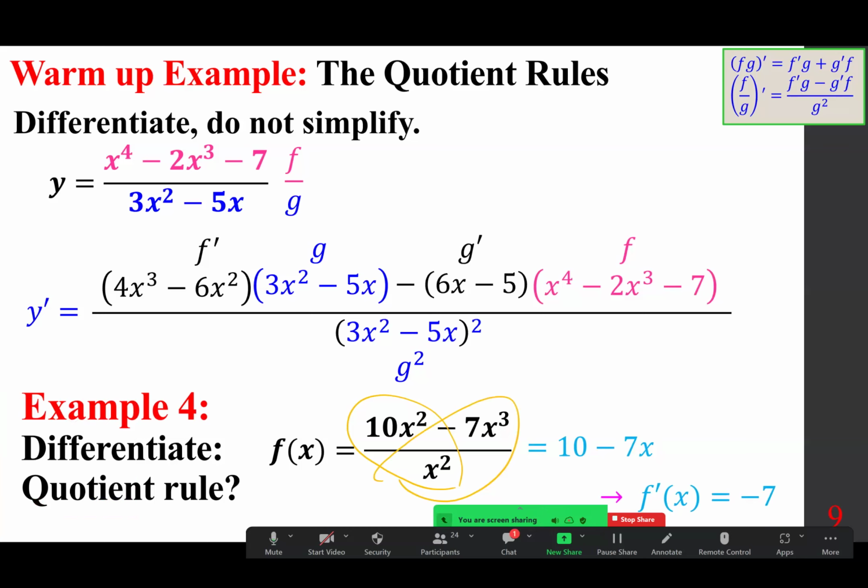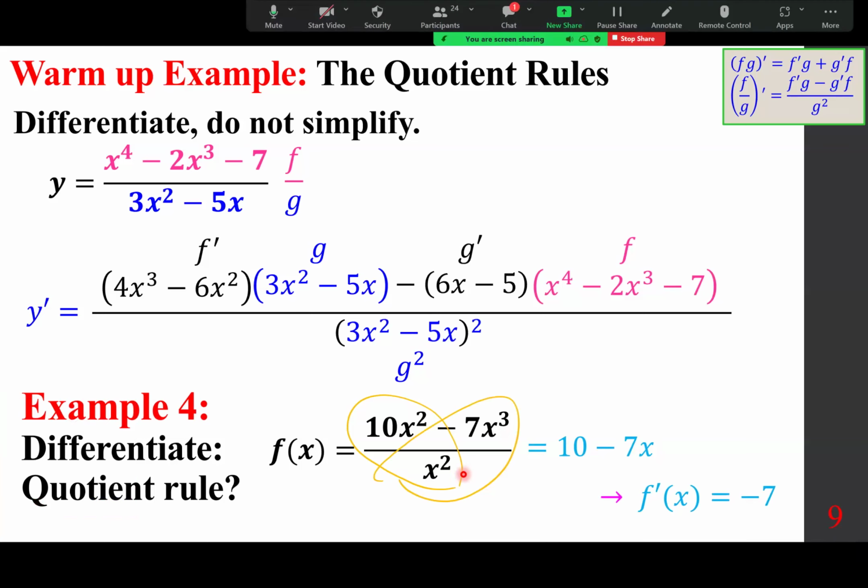The point being, you don't always have to use the quotient rule, especially if the bottom has one term. Sometimes it's not even a term. It may be a square root of x. You change it to x to the power of 1/2, and you do the same thing as we did here. So be careful when it comes to that.